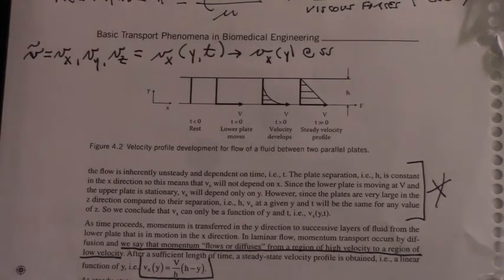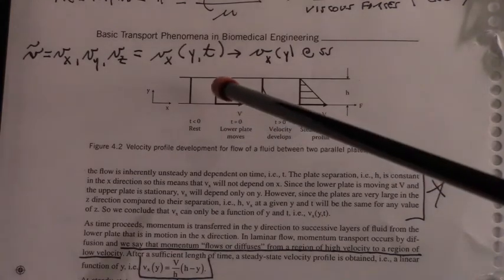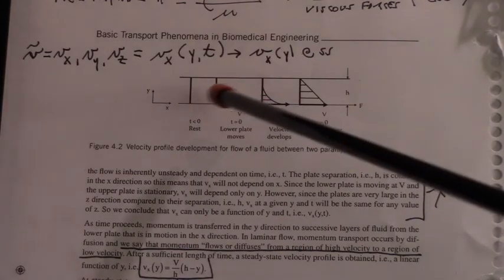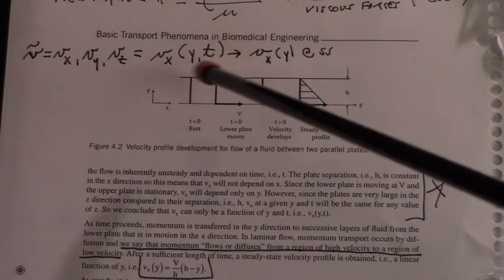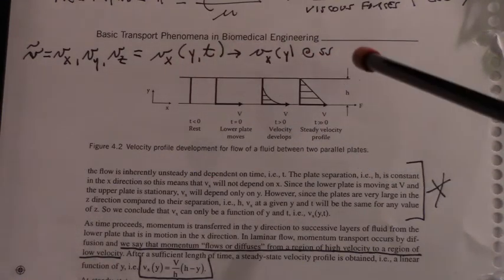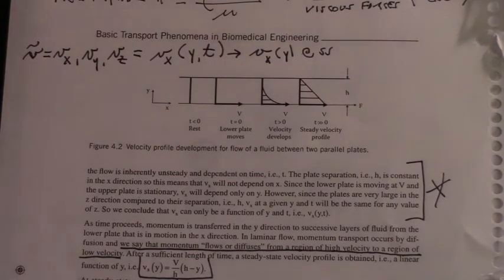A fluid attaches itself to the boundary and goes at the velocity of the boundary. So the velocity of the fluid at the surface is going to be the same as the boundary. The velocity of the fluid up here, which is tagged to the upper plate, will always be 0 because the upper plate's not moving. And that's called the no-slip boundary condition.